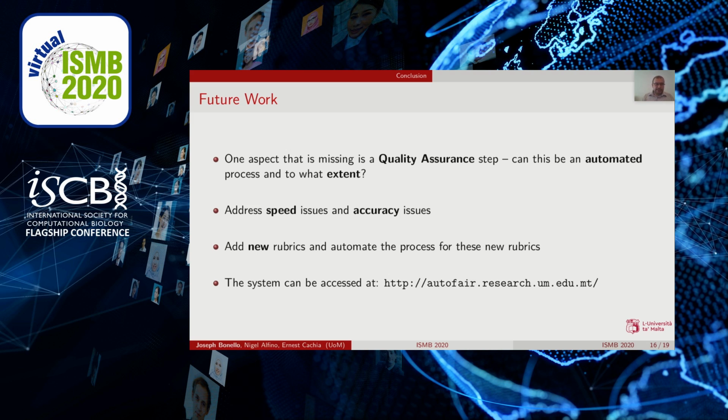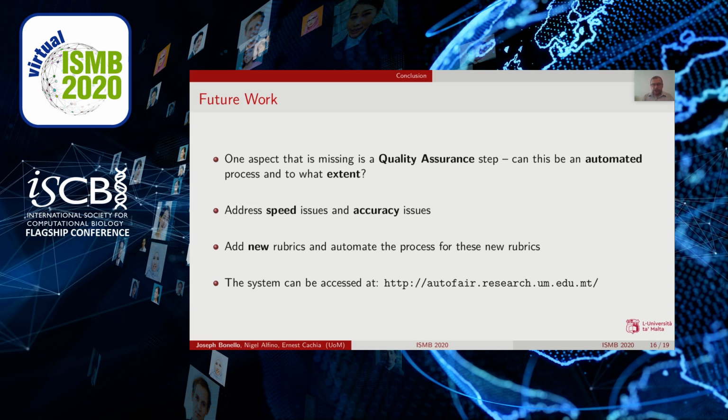We want to address some speed issues and accuracy issues. The speed issues are not very concerning because the assessment can be done in the background, and then once the assessment is done, a result will be sent to the user.